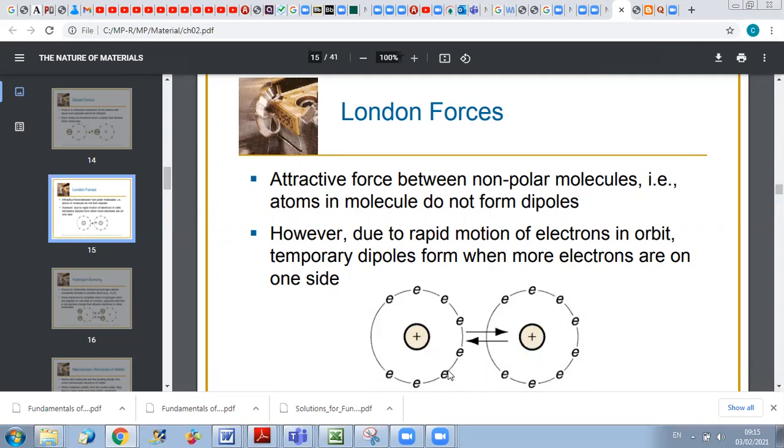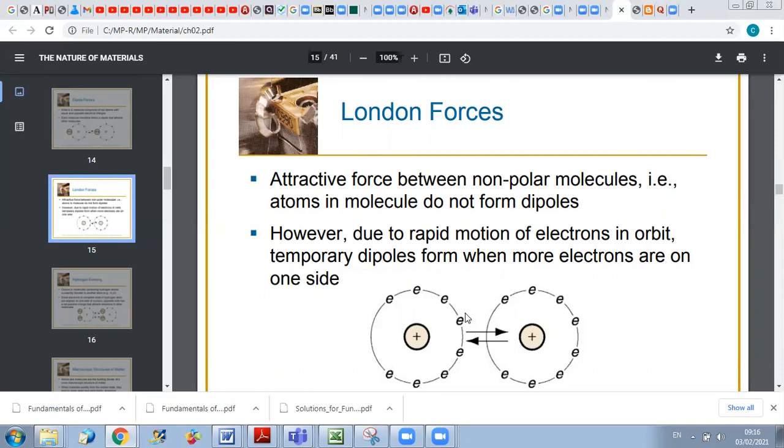Each one has 8 electrons in its outer orbit, so they are already stable, and they don't have charges, they are neutral. This is why we say it's an attractive force between non-polar molecules, because each molecule in total is balanced at 0.